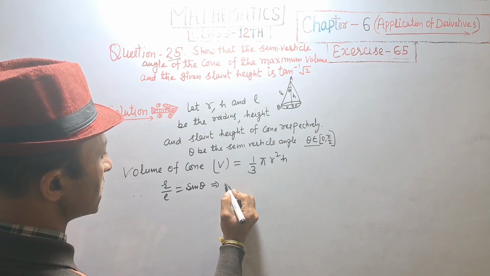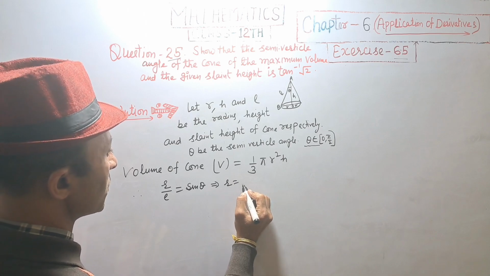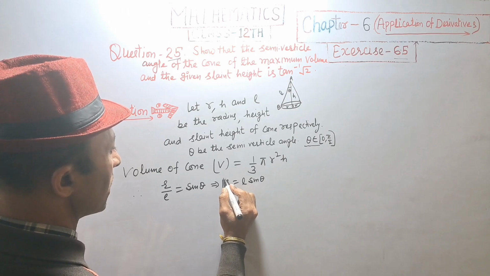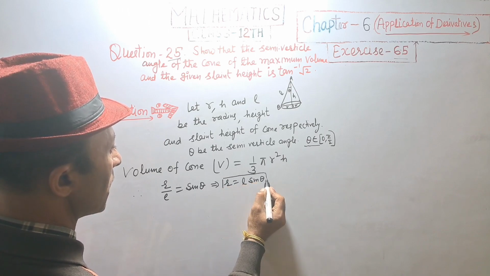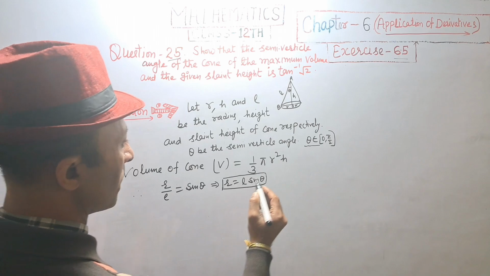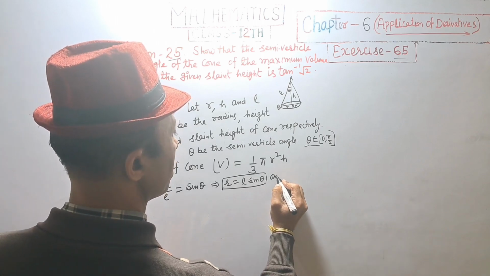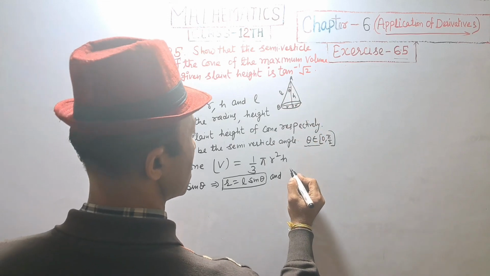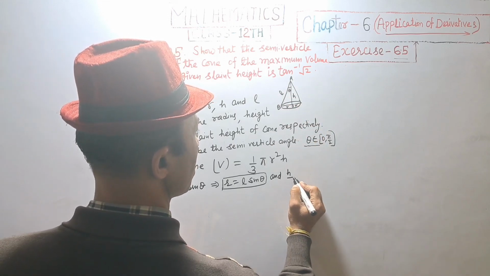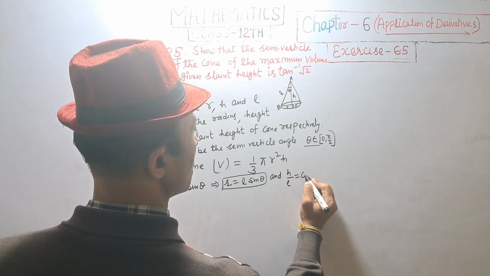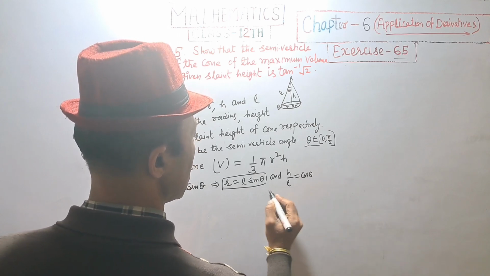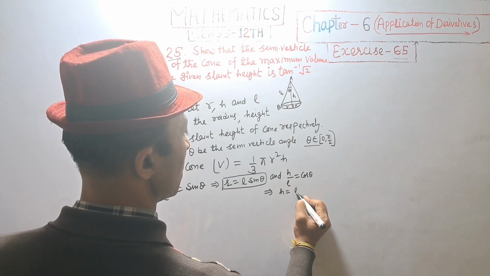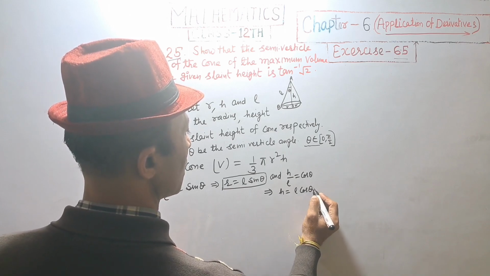This implies R is equal to L sin theta. And base upon hypotenuse, h upon L is equal to cos theta, which implies h is equal to L cos theta.